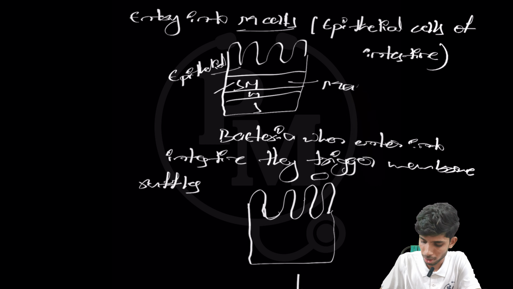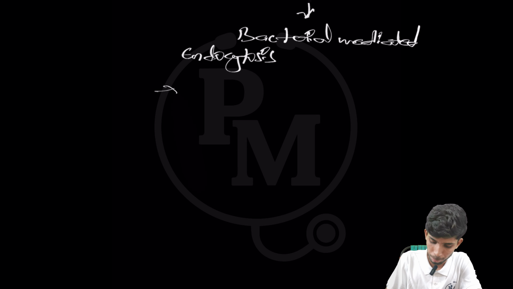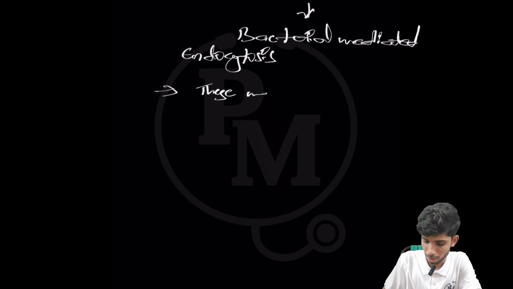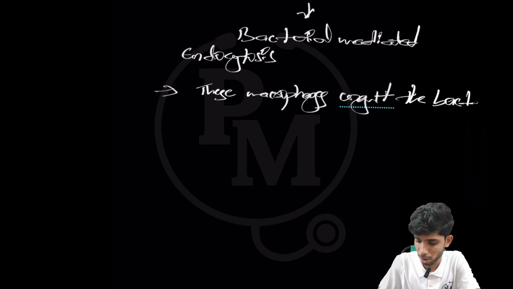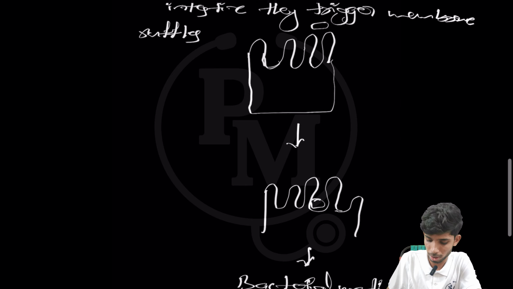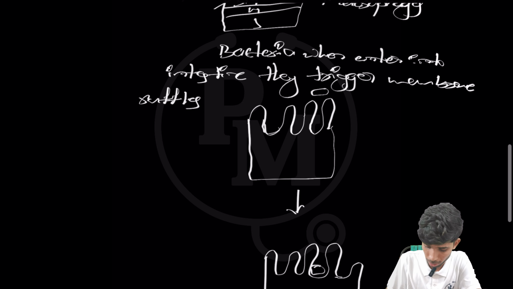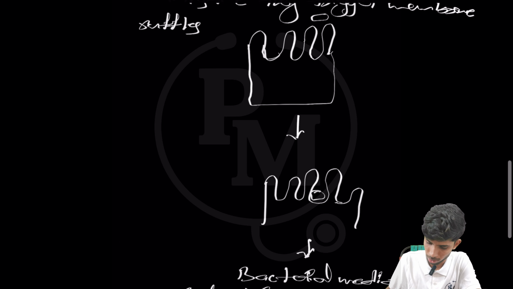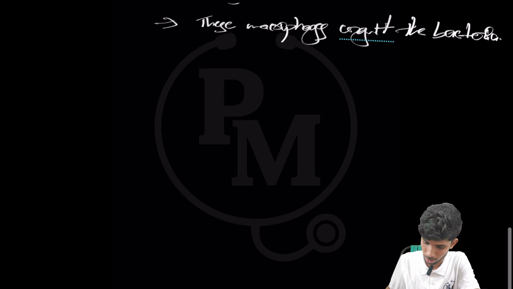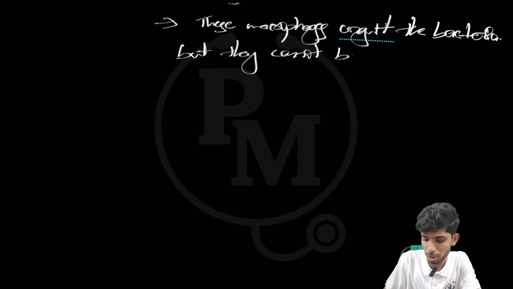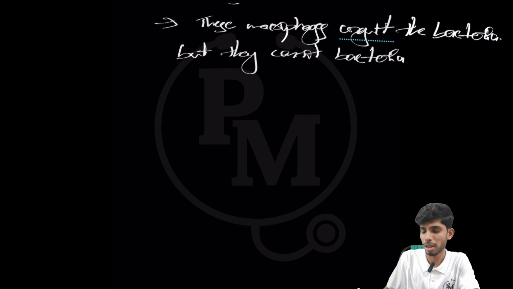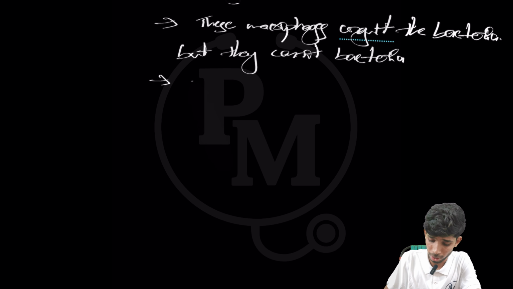Submucosa contains macrophages. These macrophages engulf the bacteria, but they cannot destroy them because there is an alteration in the cell wall of the bacteria.